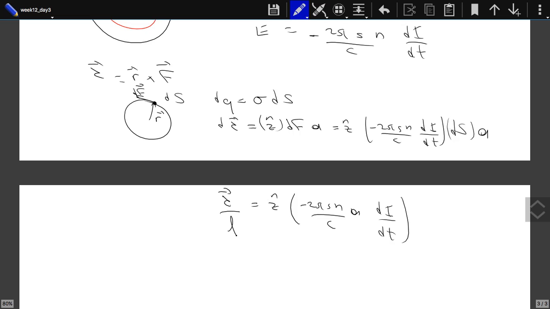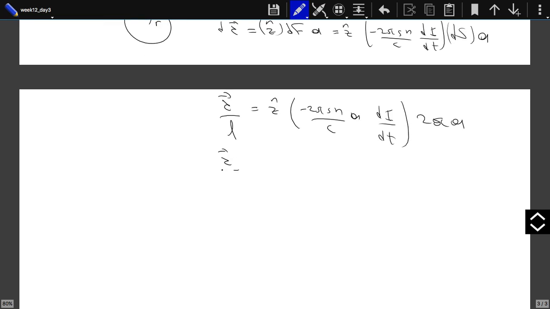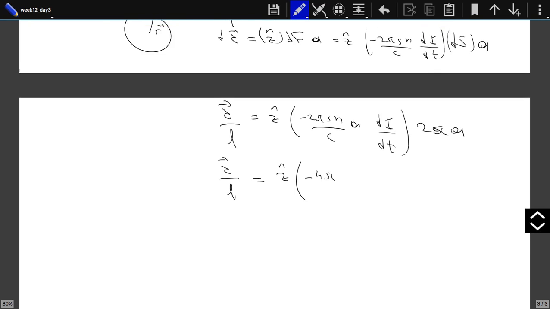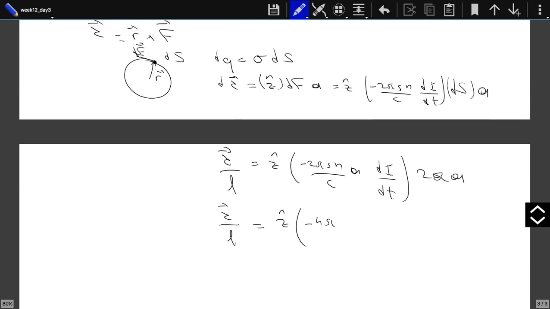The only thing that depends on my patch is dA. I'm just summing over the areas of the patches. So the total area of a length L is just 2 pi A times L, over L, so they cancel. It's just 2 pi A. This is my torque per unit length, equal to z hat minus 4 pi. Now this s is also A, because I'm looking at a distance A.